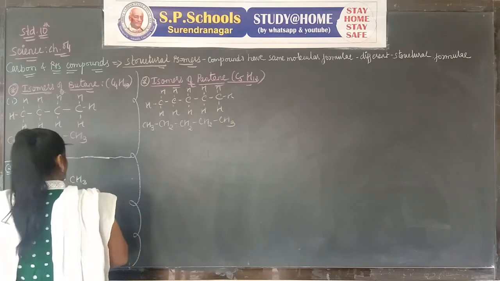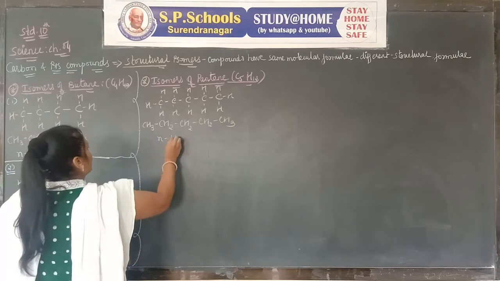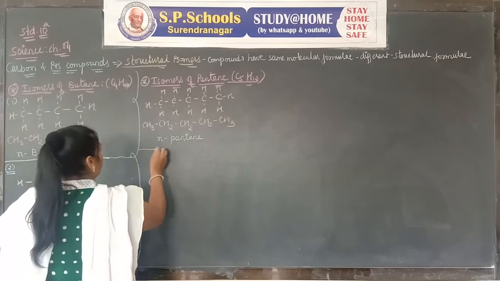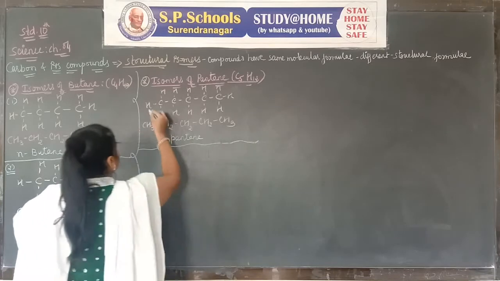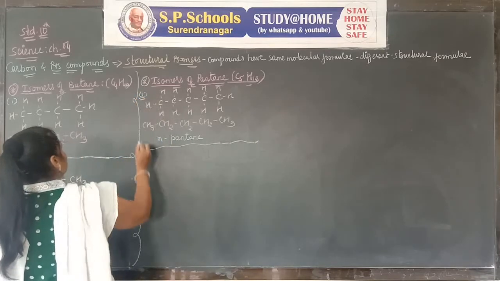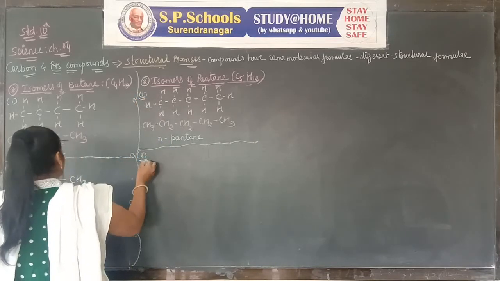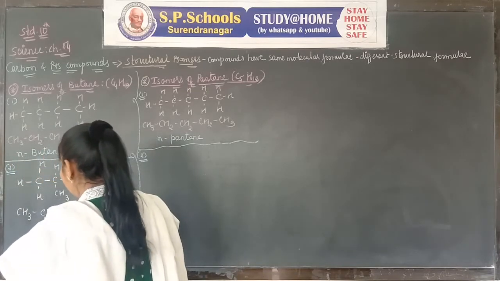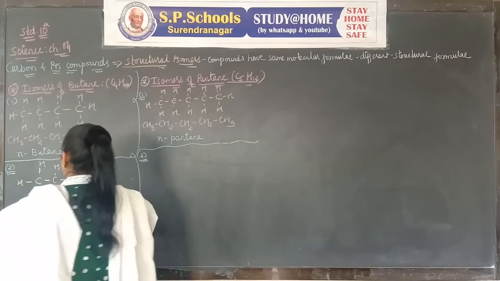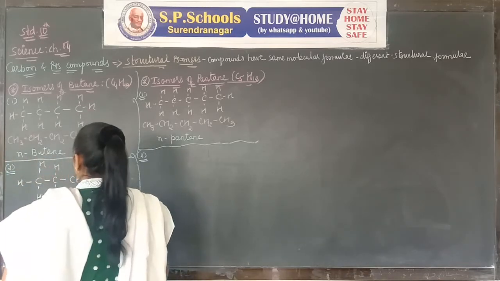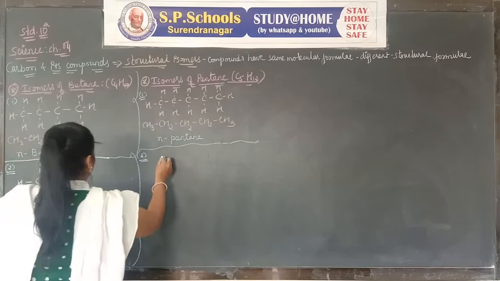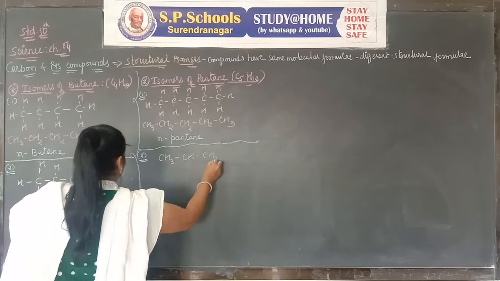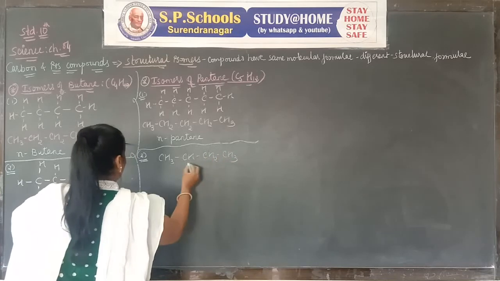The name for it is normal pentane. It will be the first. In case of the second, we write isopentane, so we give the branch for it: CH3, CH, CH2, CH3.